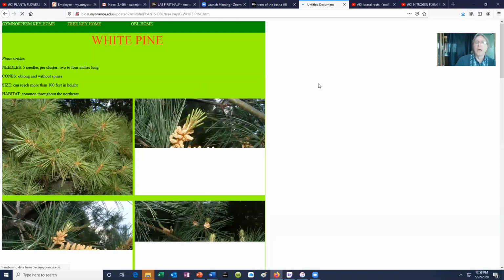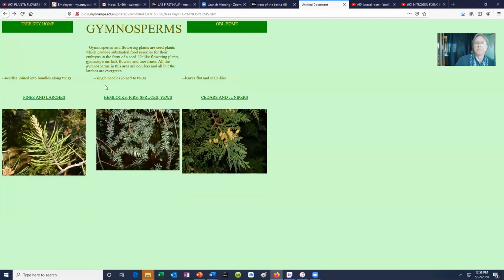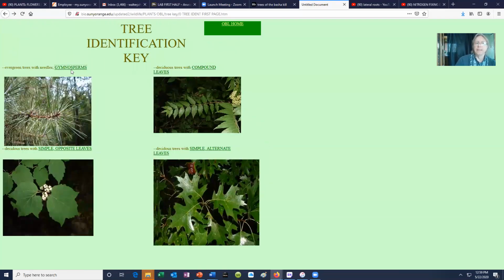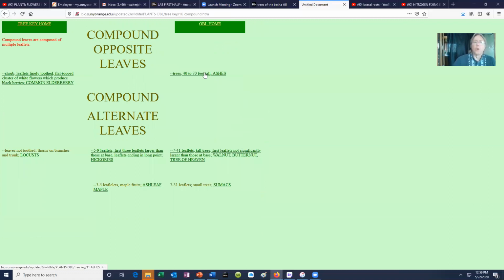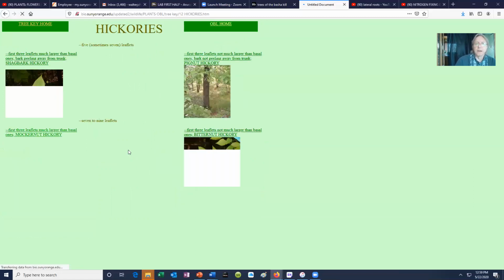All right, and so if you found a tree and you said, oh, it's an evergreen tree with needles, then you would go here. Some trees in our area have what are called compound leaves. Now, I know this is a little difficult, and it takes a little bit of learning.